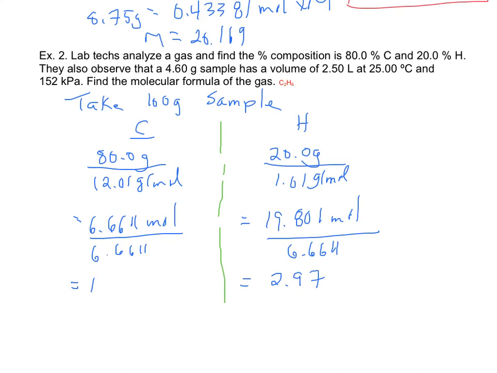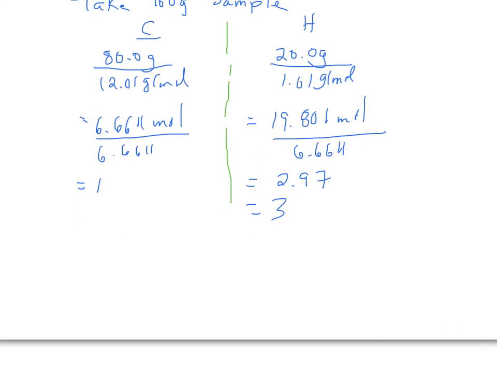Because of our special rounding rules, we don't have to do step number 4, which is, if you remember, multiply your number by 2 to 6, if necessary, to get a whole number. Because my decimal is greater than 0.90, I can just round this to 3, and my empirical formula is going to be equal to C1H3.